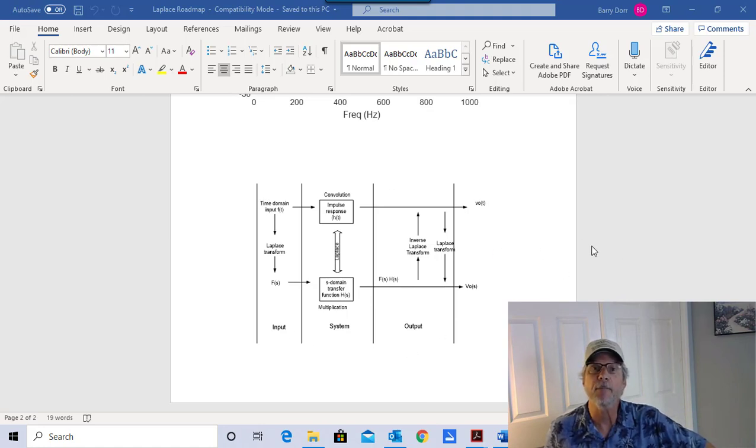You might remember that in our first lecture on Laplace transforms, we did Laplace transforms, one after another after another. We went from time domain to frequency domain with signals. Then in the last lecture, we learned how to go from the frequency domain to the time domain. And that's the inverse Laplace transform.